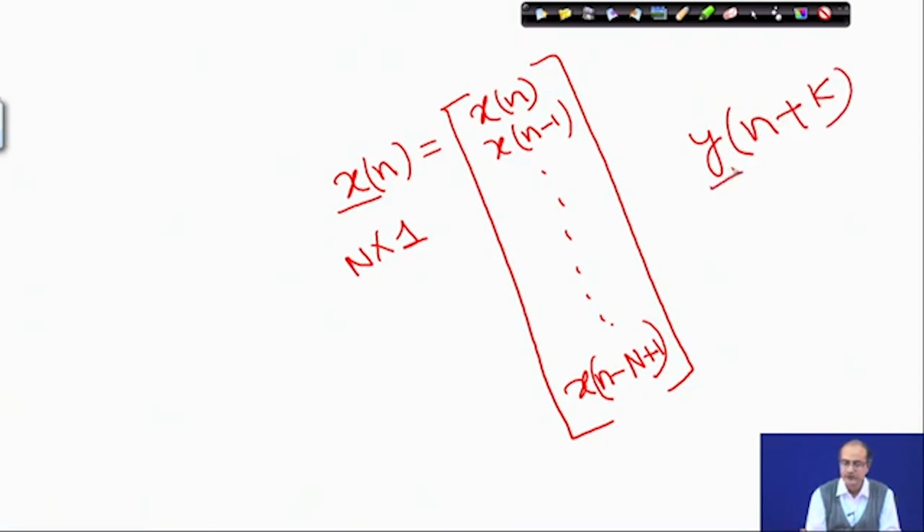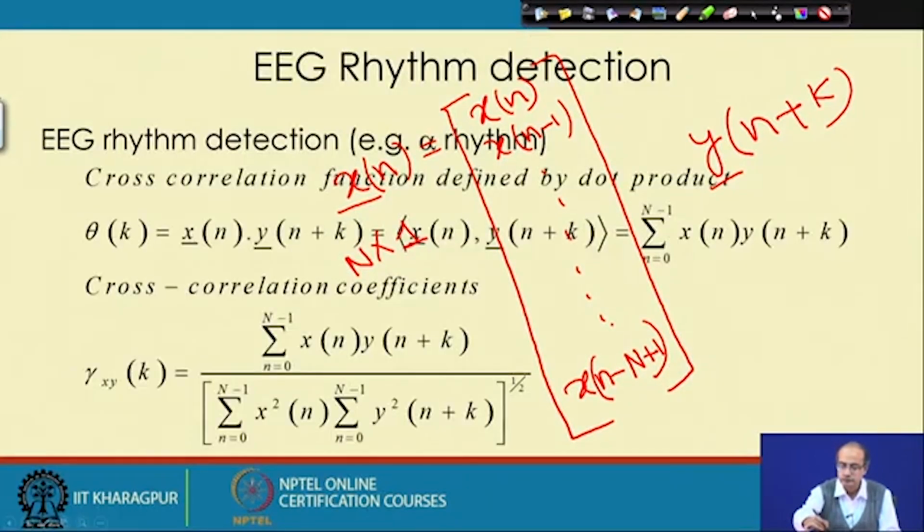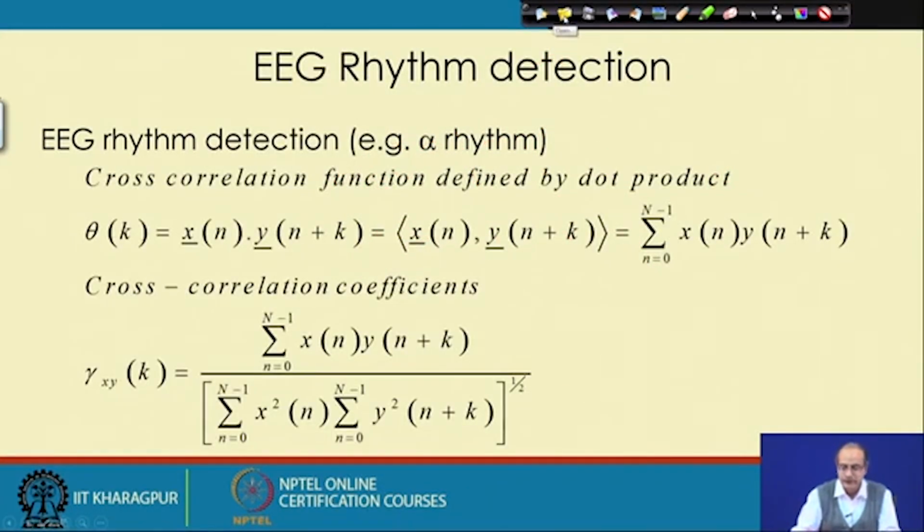That is again a vector. The first element would be y[n plus k], and it will go up to y[n plus k minus capital N plus 1]. In simple way we can write that as the summation of the product of the two signals x[n] and y[n].